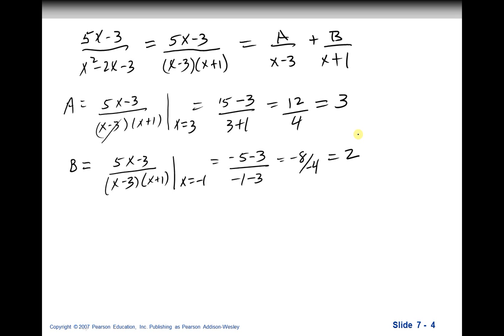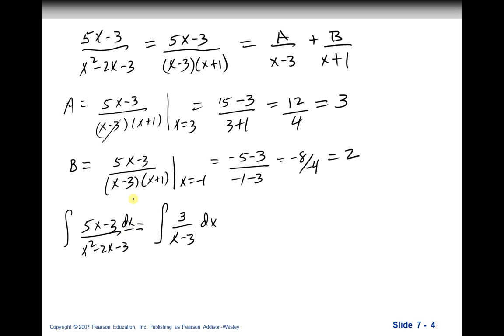That means that the integral of 5x minus 3 divided by x squared minus 2x minus 3 can be written as the integral of 3 over x minus 3 dx.